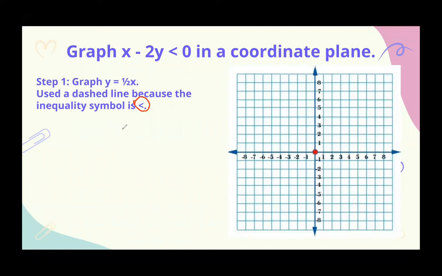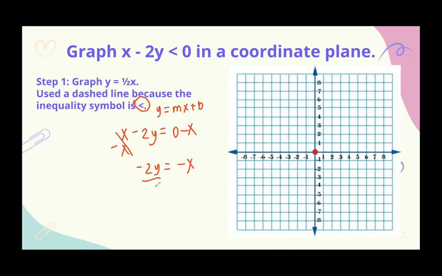So to make this into slope-intercept form, first write your related equation, which is x minus 2y equals 0. We're trying to isolate y and make this into y equals mx plus b. So I'm going to first subtract x from both sides. That gives me negative 2y equals negative x.